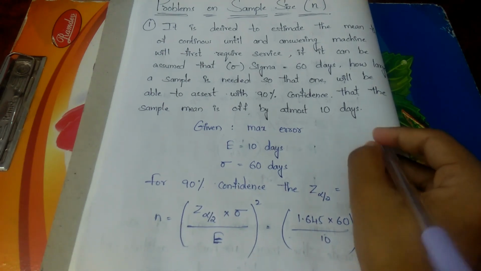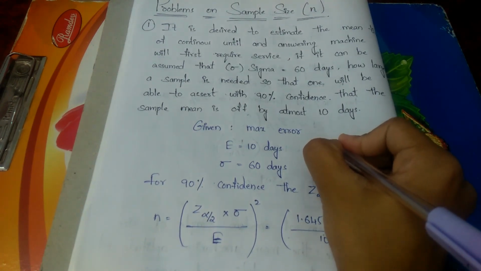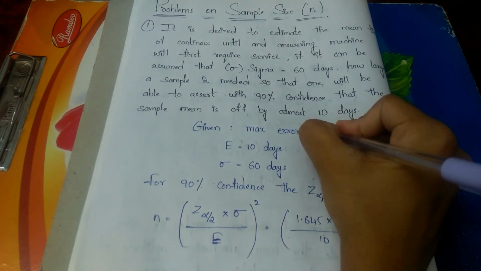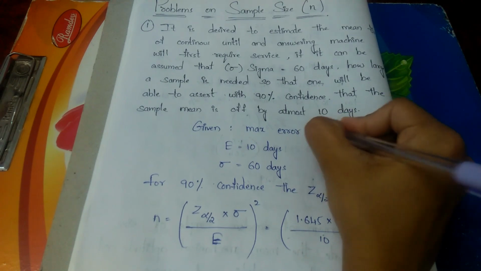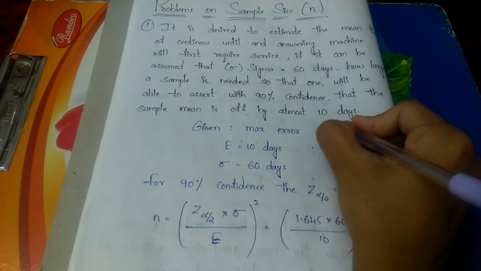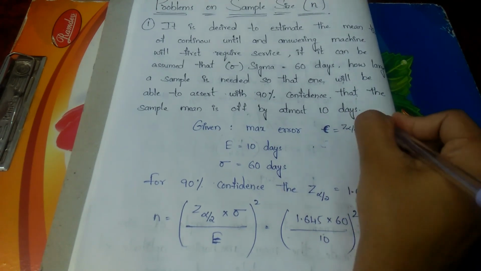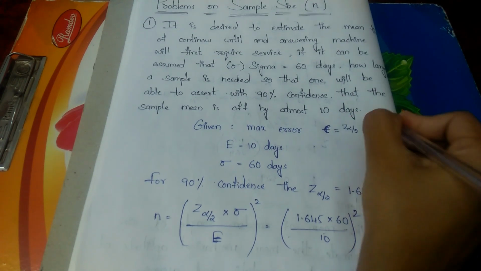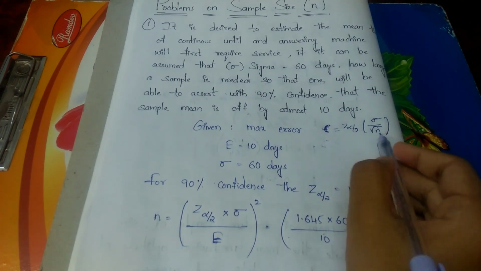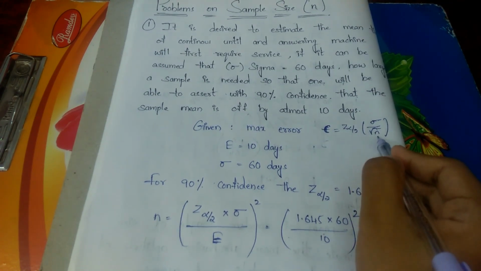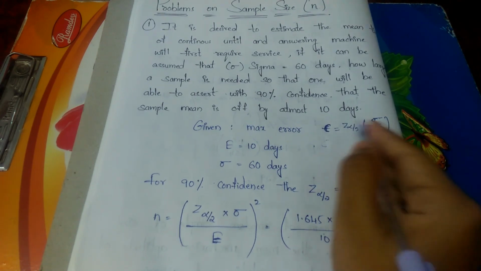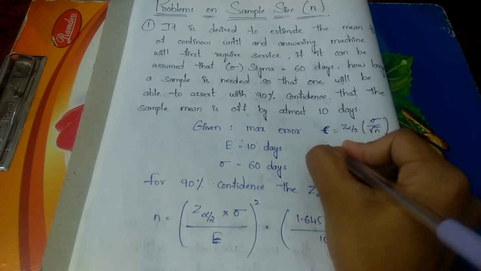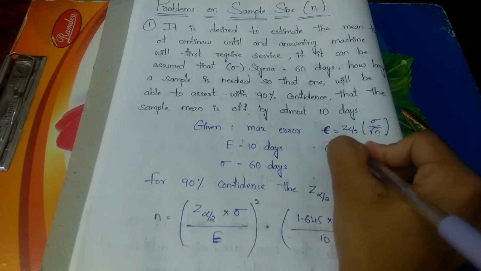So previously we had a formula for maximum error, E is equal to Z alpha by 2 into sigma by root n. Now we have to get the formula for n. So this can also be written as E into root n is equal to Z alpha by 2 into sigma.